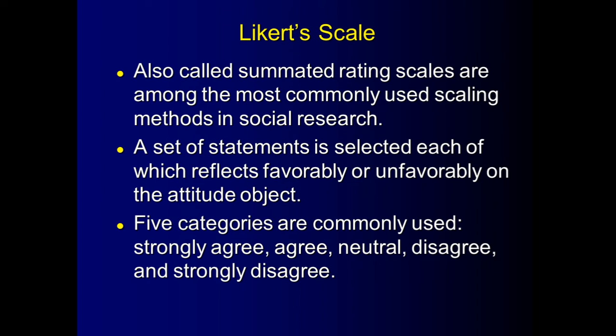Likert's scale is also called the summated rating scale. And this scale will have 5 categories of responses, as you want to ask people their response, how favorably or unfavorably they react to an object.